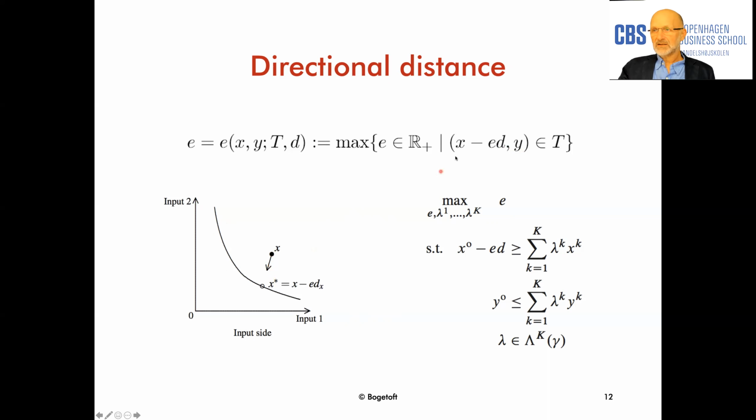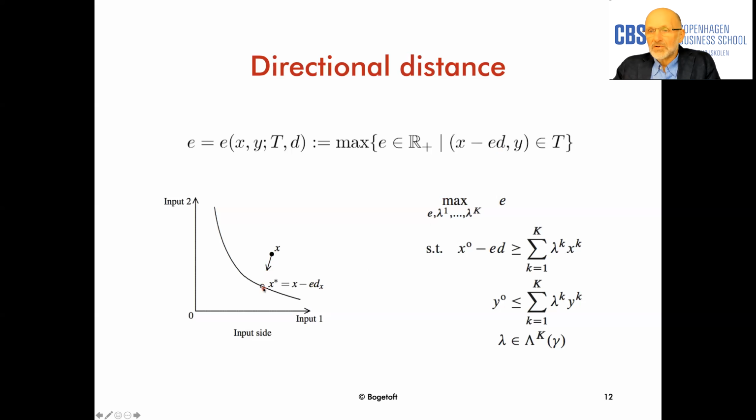And this term here is x minus E dx. In this picture, there's an extra indication that it's on the input side, so I use dx down here, but that's minusing. This x star is when you have solved it and found the maximum reduction, you end up in this point, the circled dot here.